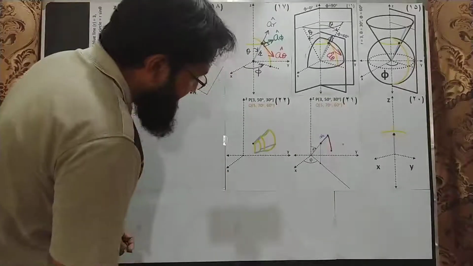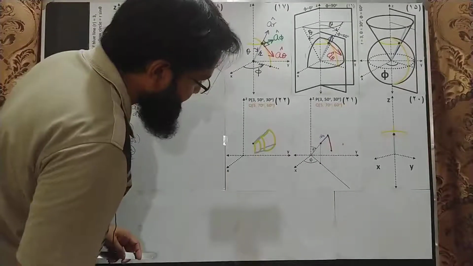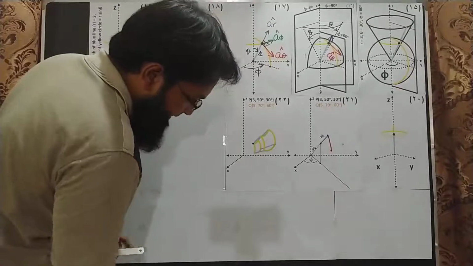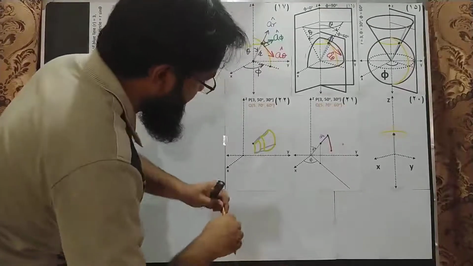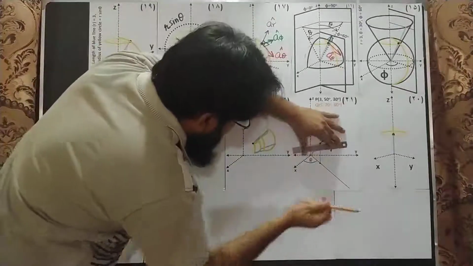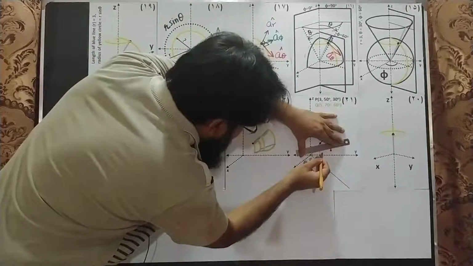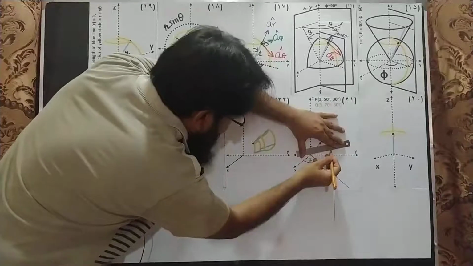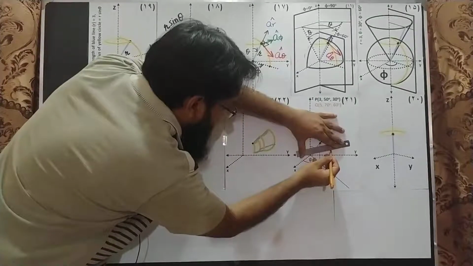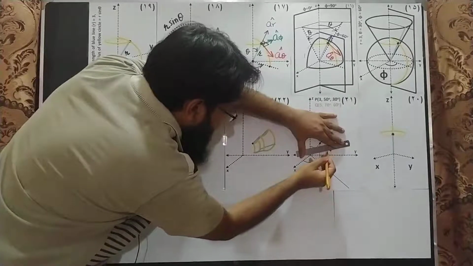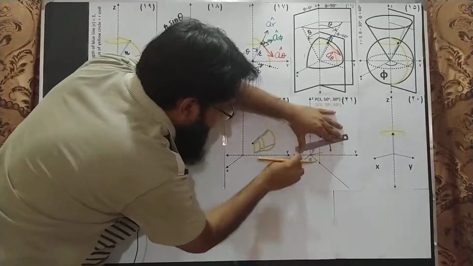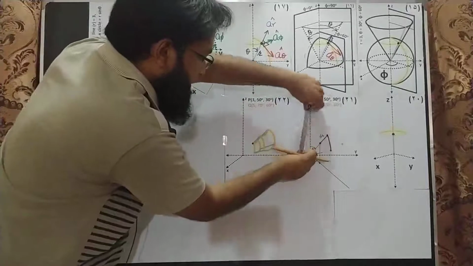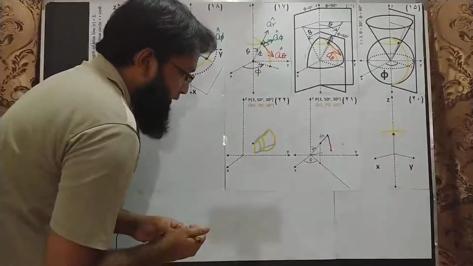So if I join this line from here to the origin, meaning that I am on the outer sphere, then I come to the inner sphere, and from the inner sphere I go all the way to the origin.